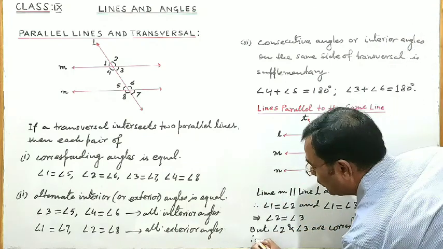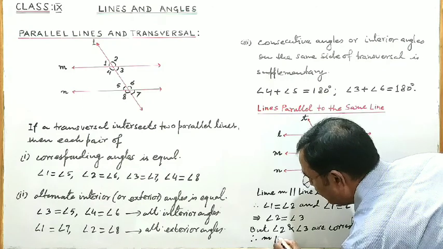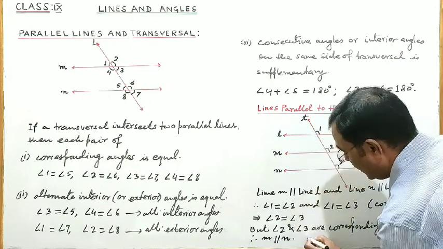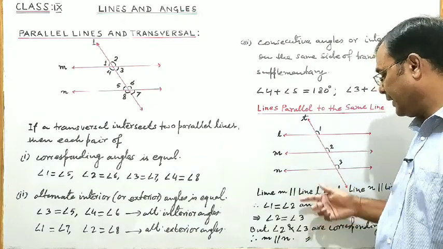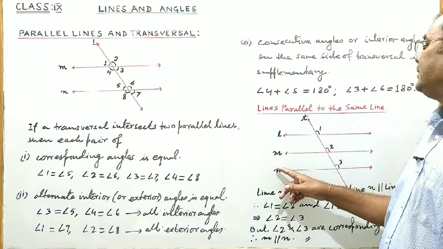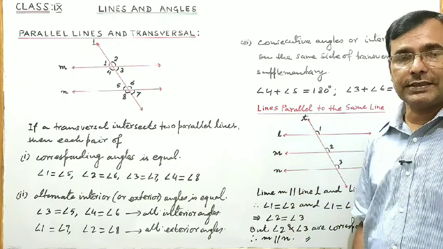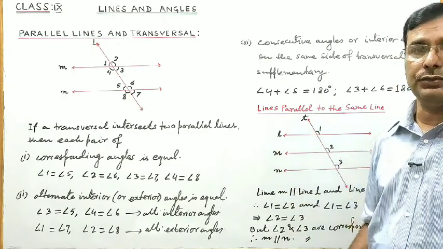So therefore M is parallel to N. So this way we have logically derived that lines which are parallel to the same line are parallel to each other.